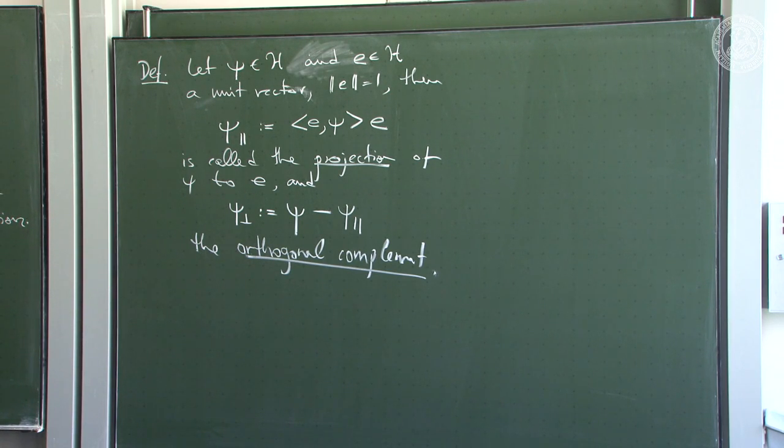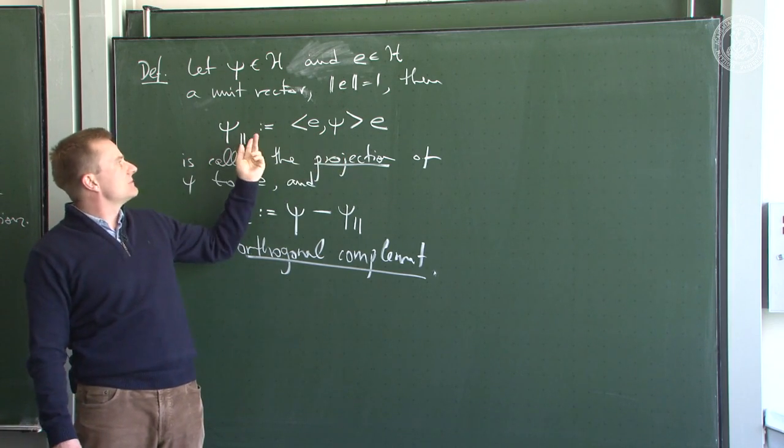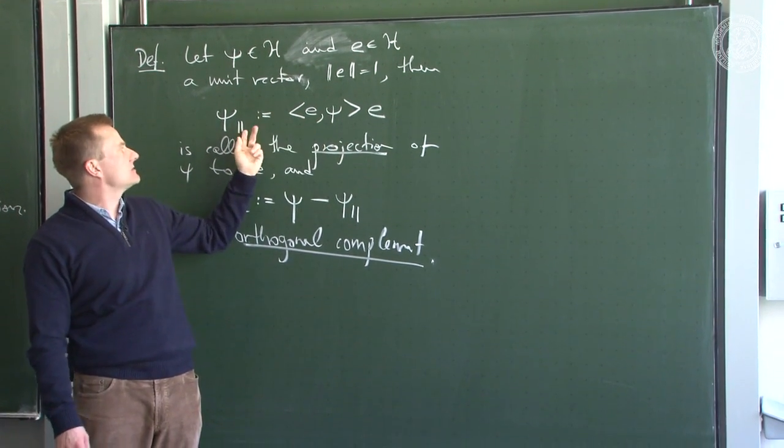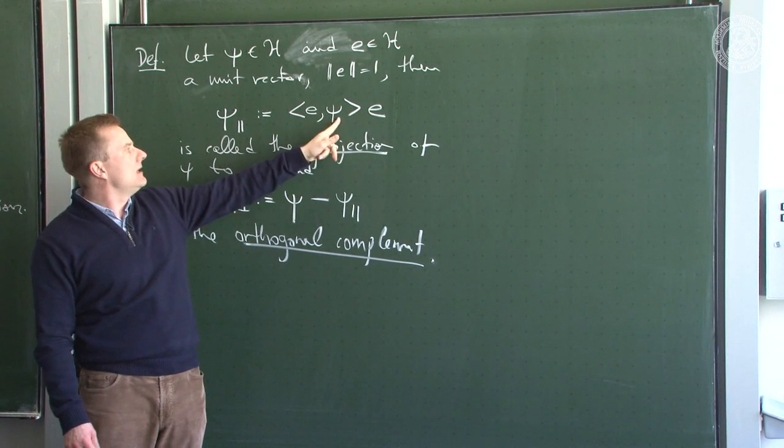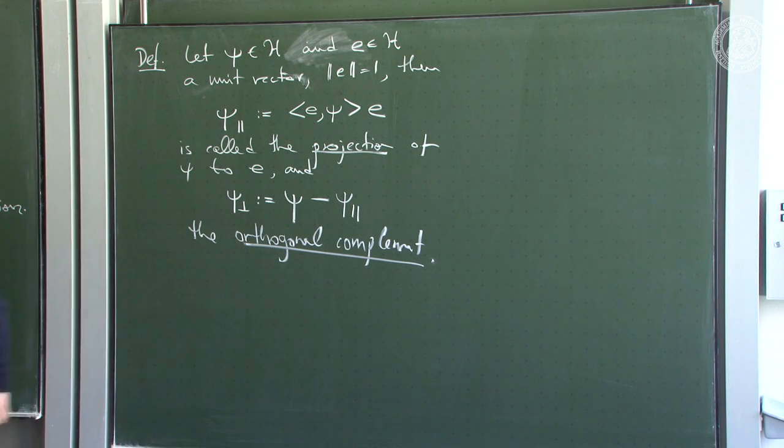Now here maybe it's important to note the order. The psi comes second, so that this projection map taking psi to psi parallel is linear. If the psi was in the first slot, it would be antilinear, right? So please keep the order in mind.